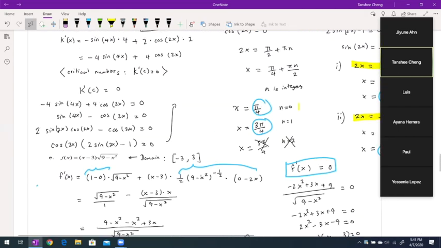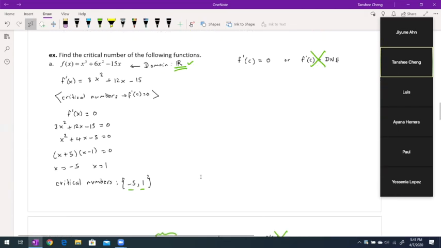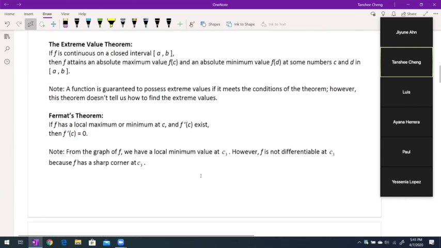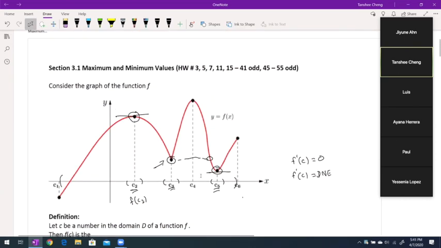So let's go all the way back to the top page. Looking at this graph, notice that the absolute maximum or absolute minimum can happen at any of those critical numbers, or at the endpoint also. Right? So for this particular picture, my absolute maximum is right here, one of the critical numbers, because this function value is the greatest among any function value in this interval.